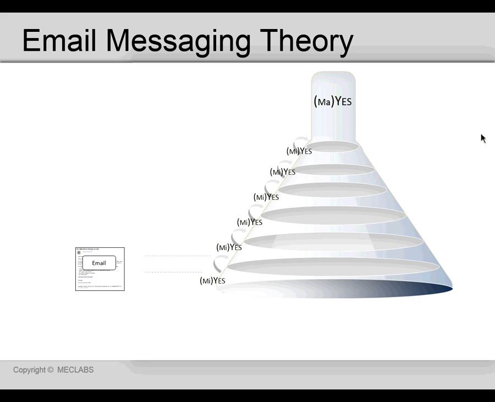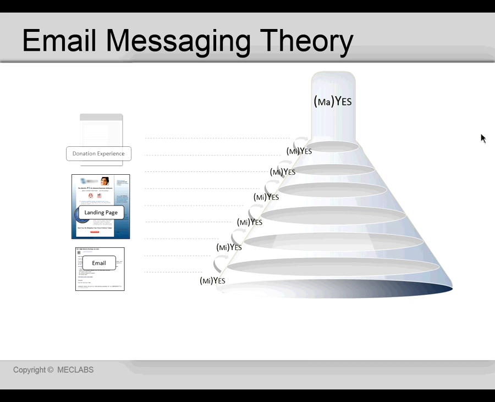Then they must read the email, micro yes number 2. Then they must click on the email and maybe get to a landing page. And when they get to a landing page, they have to decipher the content and decide if they want to take the next step. And if they want to take the next step, perhaps they're taken to an online donation experience. And there's a series of micro yeses, a series of micro decisions that must be negotiated on their way to reaching the top of the mountain.